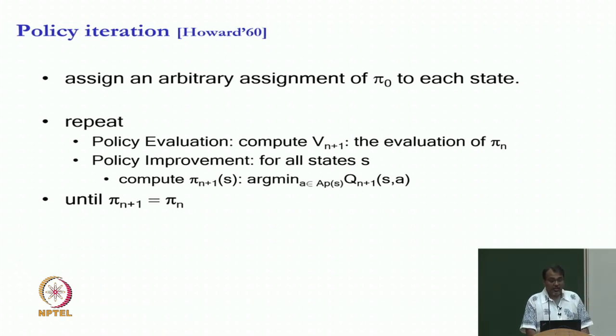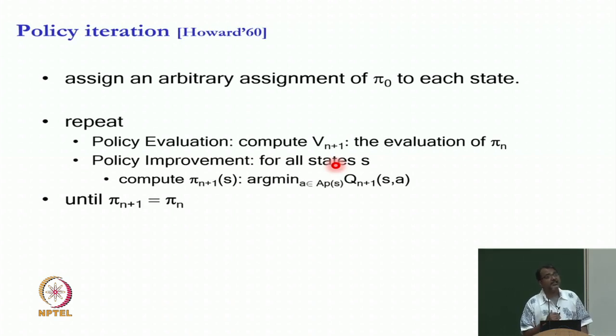In other words, you compute Vn plus 1, which is the evaluation of the pi n policy, and then you compute a new policy as a one step look ahead of the Vn plus 1 function. One step look ahead, greedy policy.